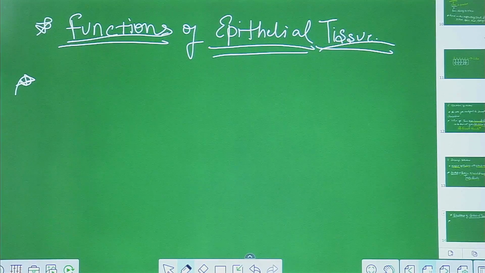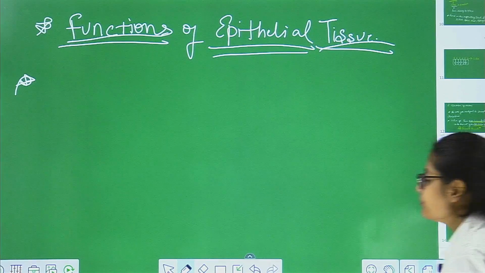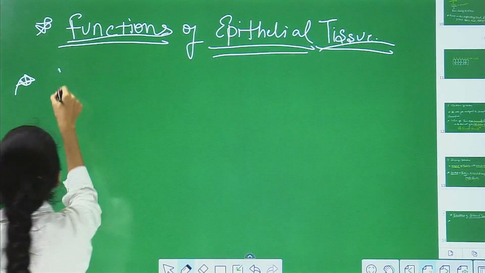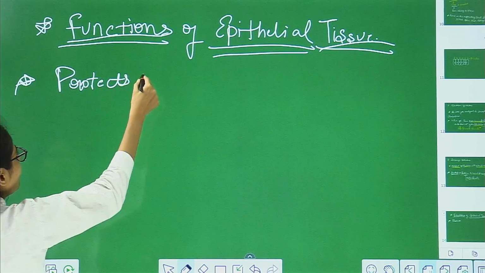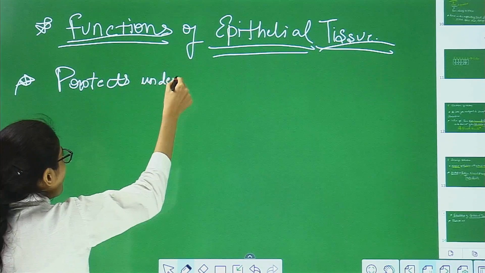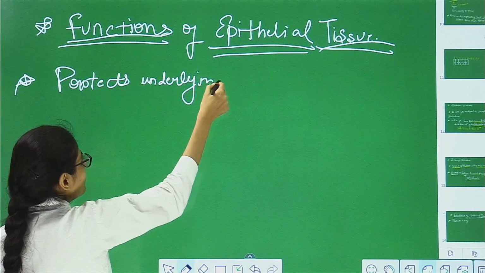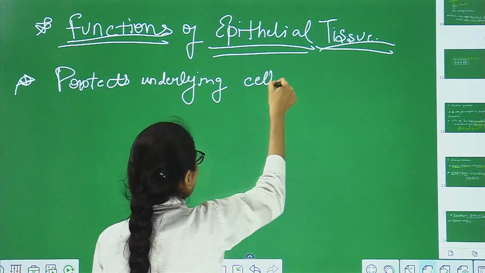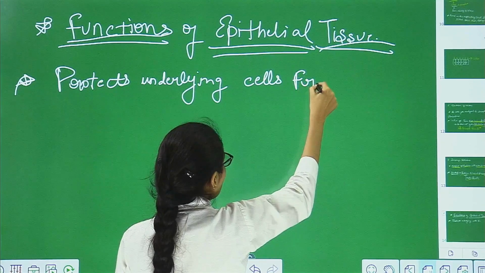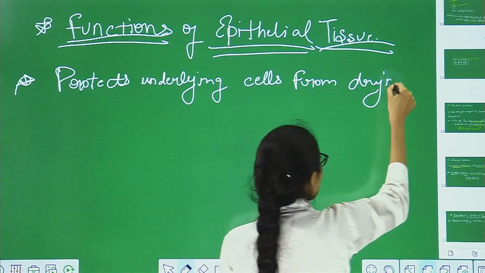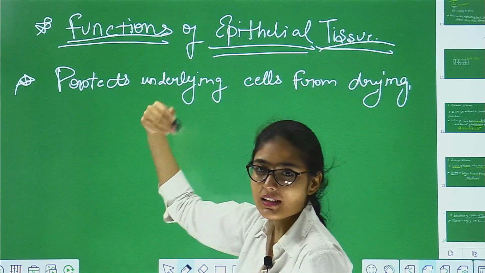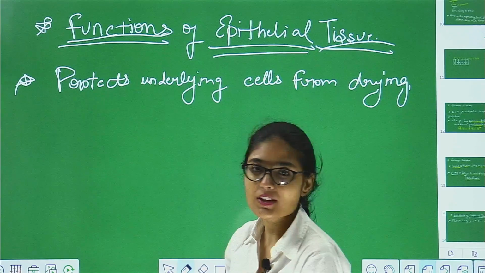It protects underlying cells from drying. As I have told you, the squamous one's job was this, it protects from drying.